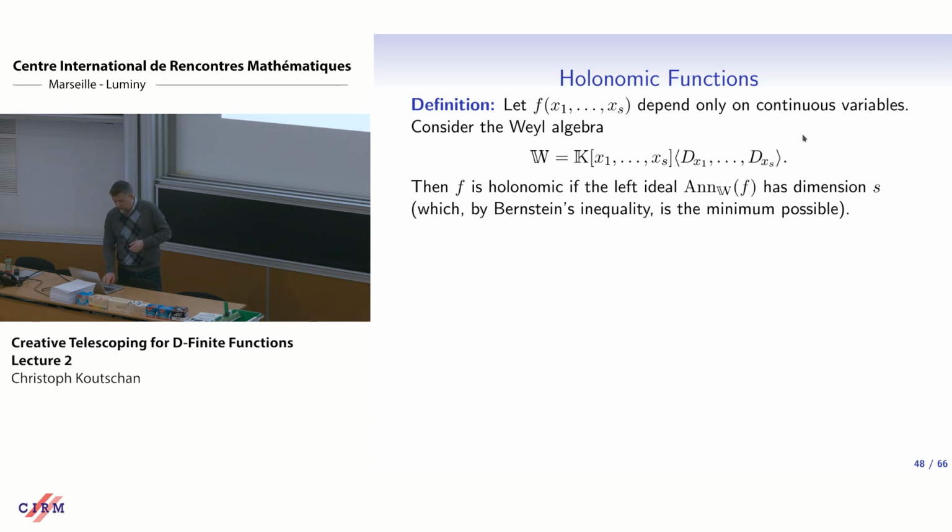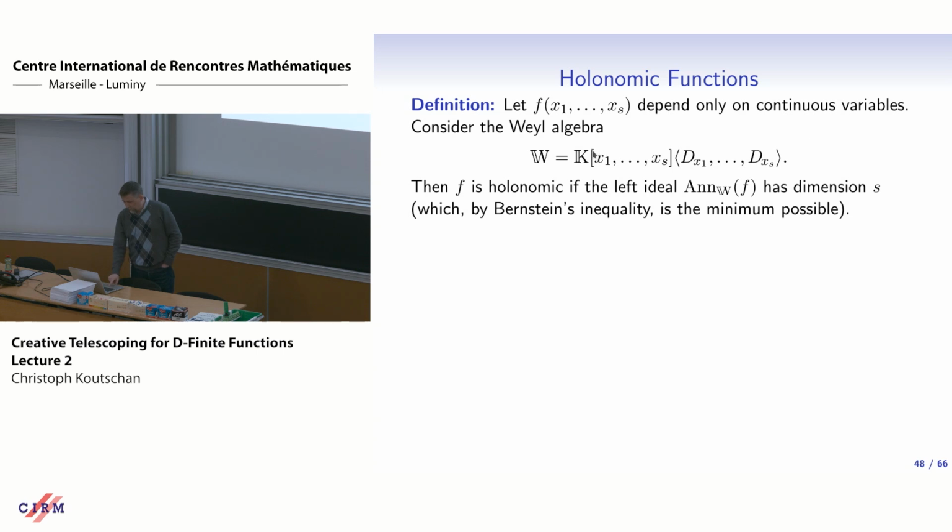Well, here's the definition of what we understand by a holonomic function that is slightly different than the D-finite definition. So let's first look at the differential case. So we have a function f in several continuous variables. And now we define the so-called Weyl algebra that is very similar to the Ore algebras that we have seen, with the only difference that now we do not look at rational function coefficients, but only polynomial coefficients.